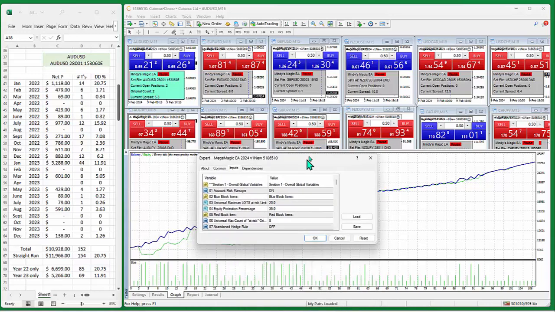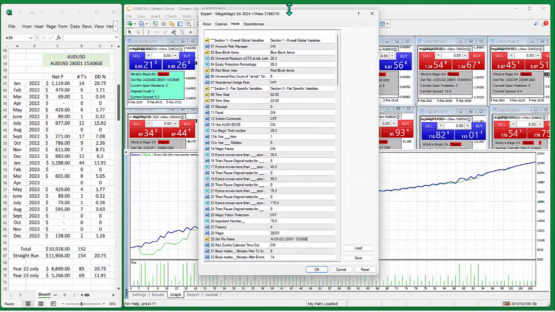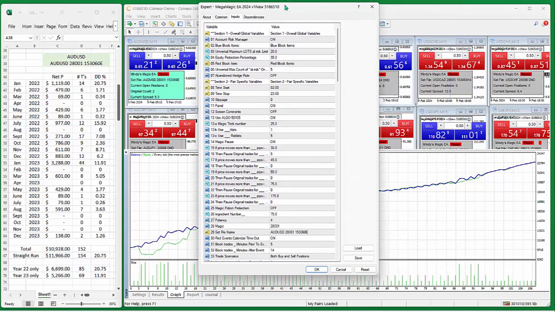That's what keeps both the Magic version 56 and the new MegaMagic from getting over traded, because we have something I call the account risk manager. When you set it up on the master, it will not allow the account to become over traded.